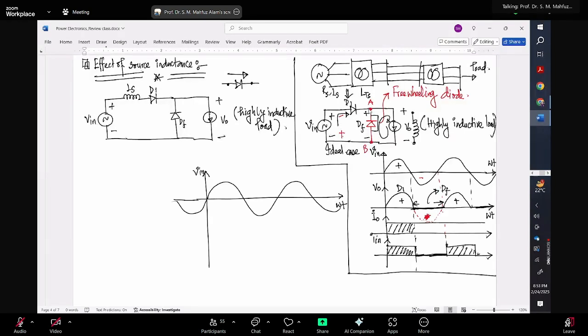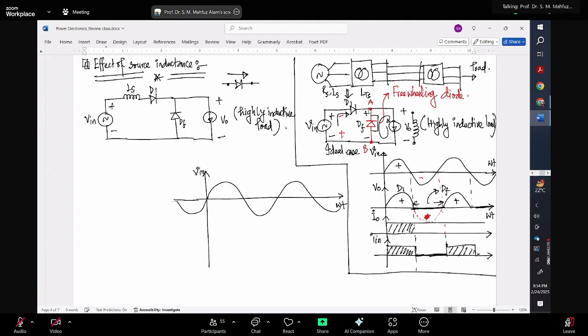When there was no inductance in the circuit, as soon as the voltage becomes positive, the diode starts operating, right? Yes, sir. And before that, in this negative portion, this freewheeling diode will be operating during the negative half cycle.